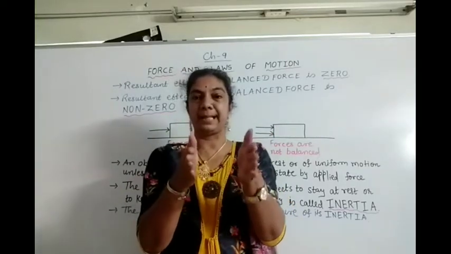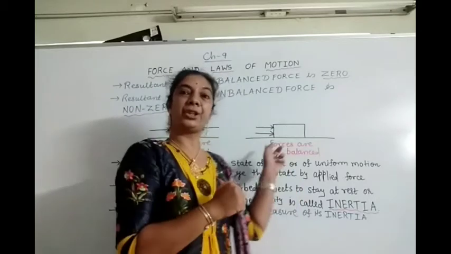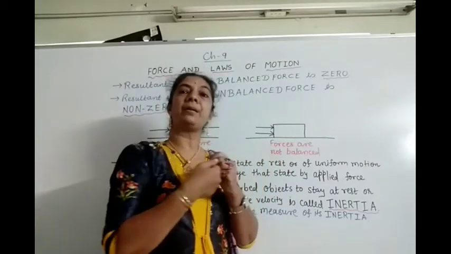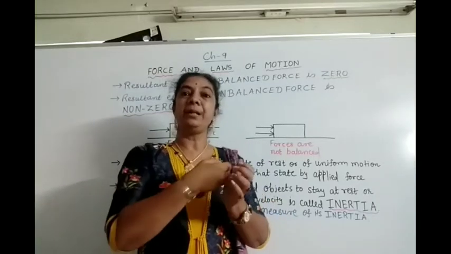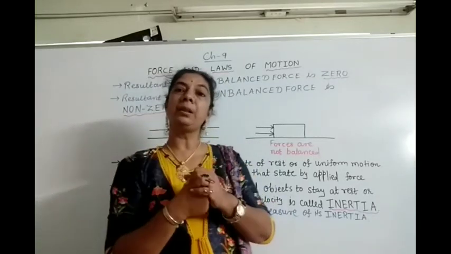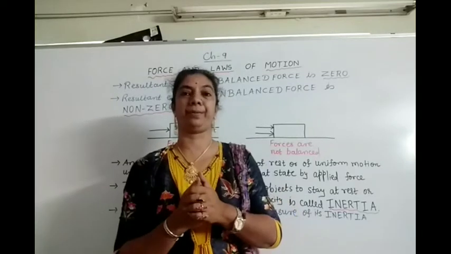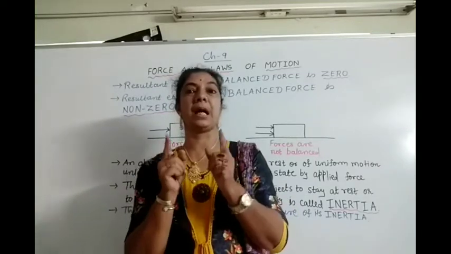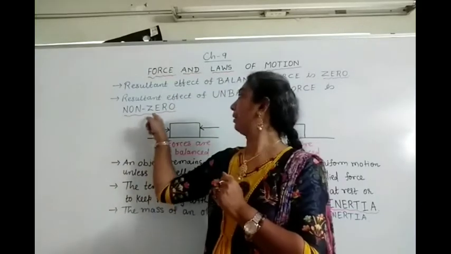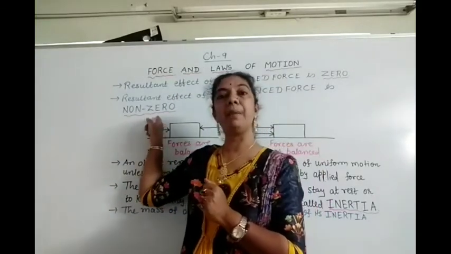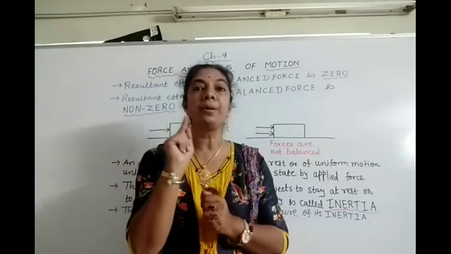It will be at rest. But as soon as the winner team, which will be declared afterwards, pulls the rope in their direction, the forces become unbalanced, and in that situation, the resultant of the unbalanced force is non-zero.